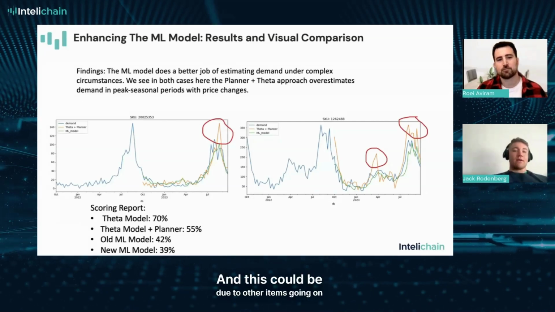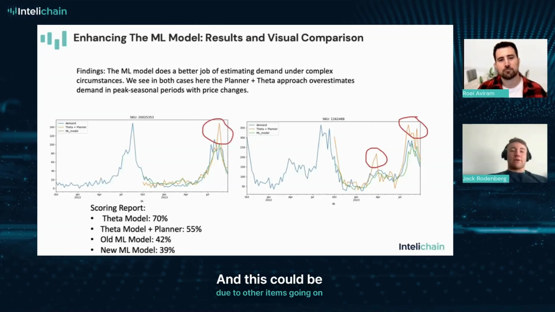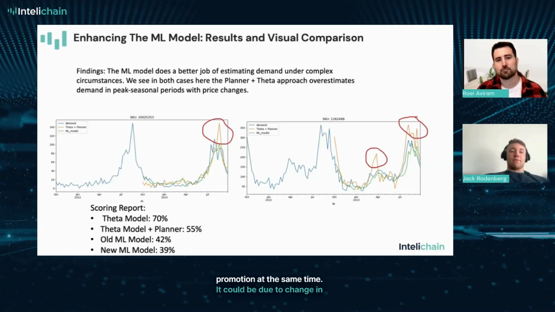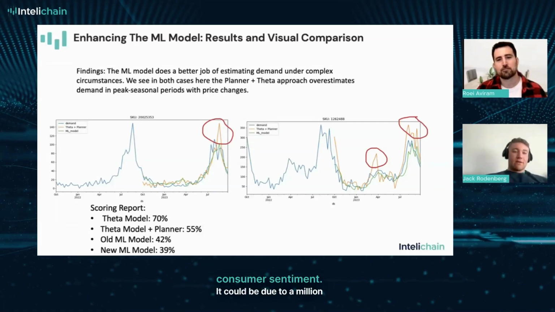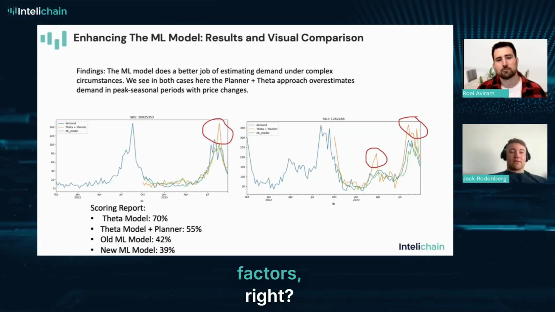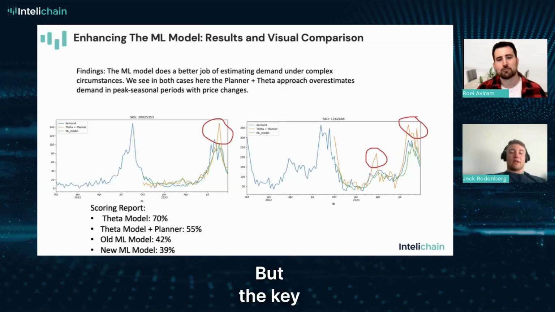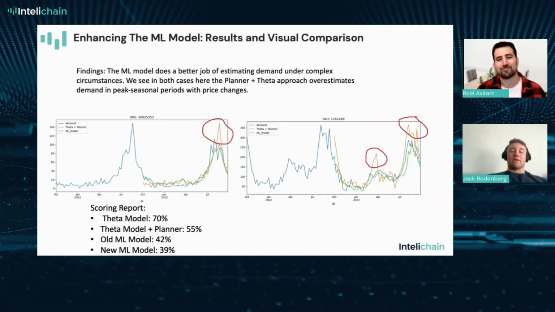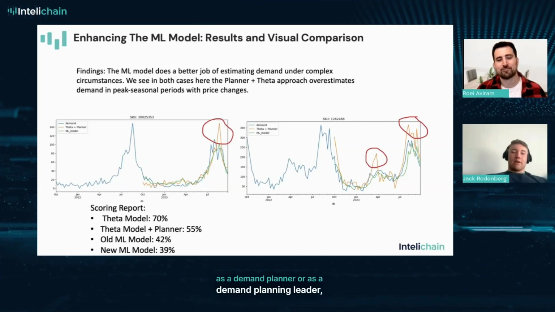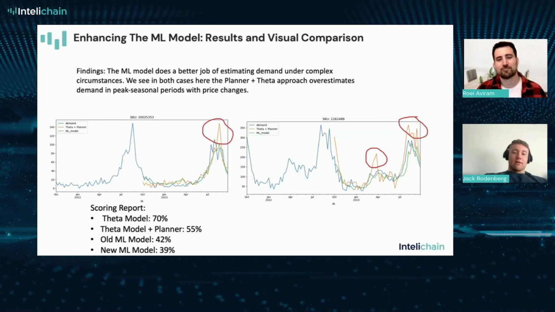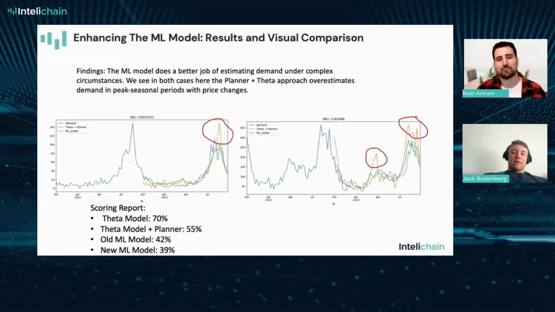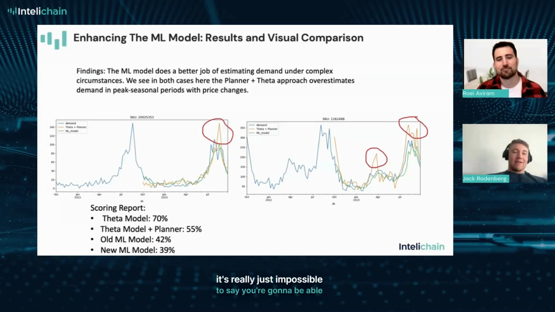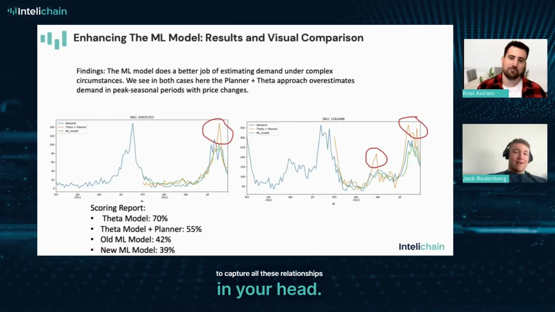This could be due to other items going on promotion at the same time. It could be due to changing consumer sentiment. It could be due to a million factors, right? But the key thing we're trying to understand from this is that, as a demand planner or demand planning leader, it's impossible to capture all these relationships in your head.